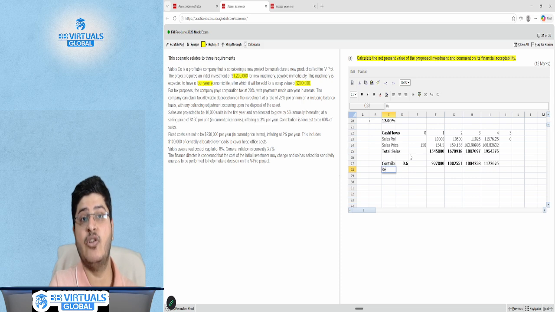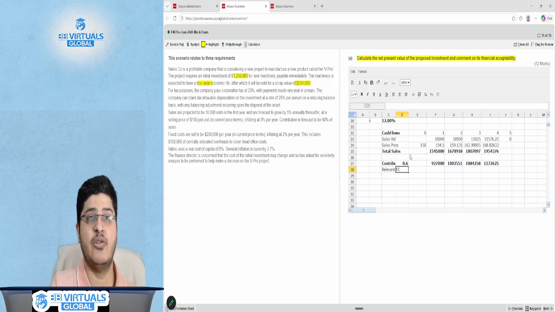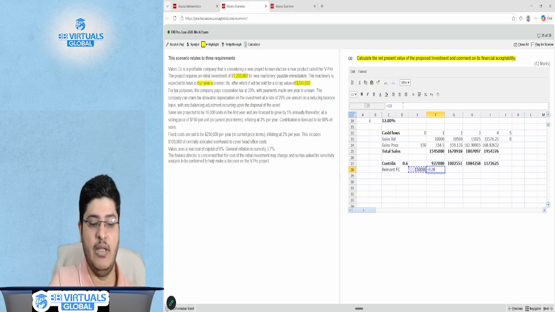Now relevant fixed costs. Remember, the relevant fixed cost was 1,50,000 in year 0. Let me put it over here under year 0 actually. 1,50,000 in year 0, and this grows at what? It is growing at, no, it is growing at 2%, 1.02.